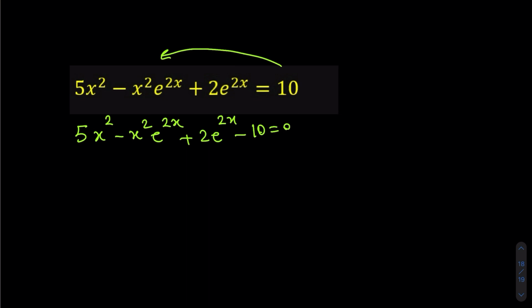Since there are four terms in this equation, I will look for each pair to see if they have something in common to factorize, because we need to factorize this equation to get the answer.